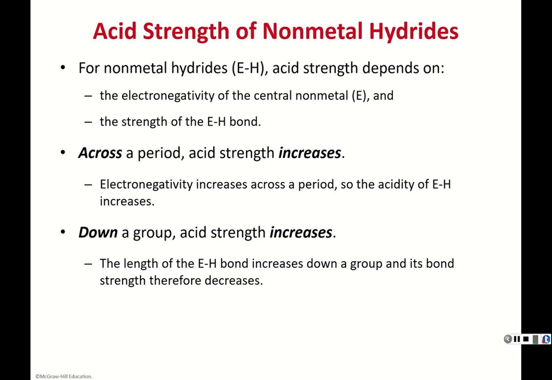So the more electronegative that element is, the more acidic it will be, and the weaker the bond, the stronger the acid, because the easier it is to give that up.